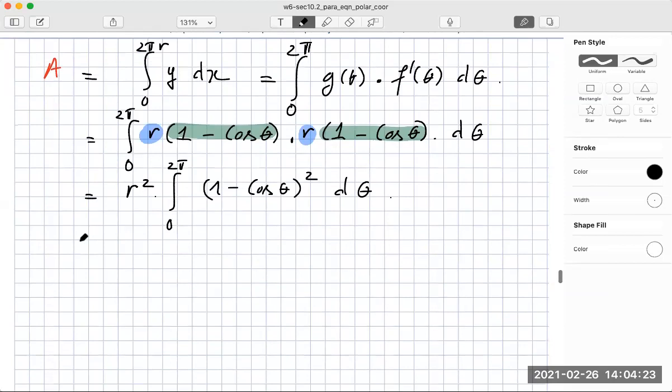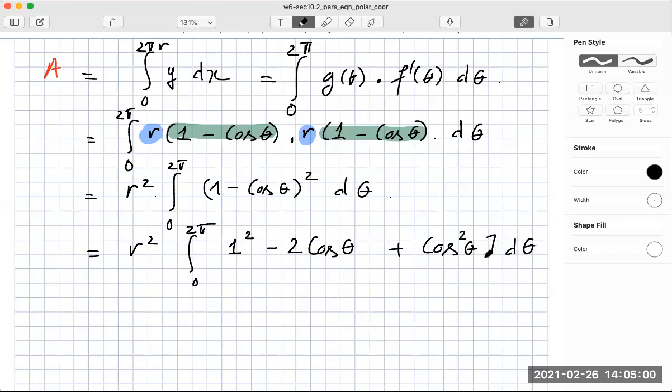If we do substitution, it doesn't help here, but let us try to expand it. (a minus b) squared will be a squared, which is 1, minus, yes, 2 cosine theta, right? Plus the second one squared, which is cosine squared theta here, d theta. Okay?